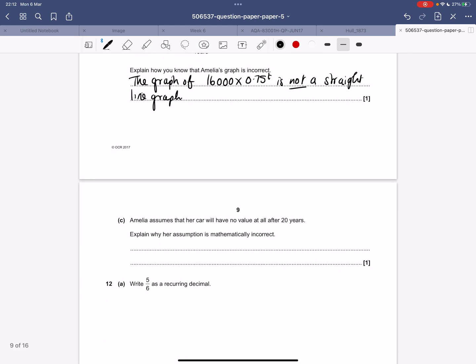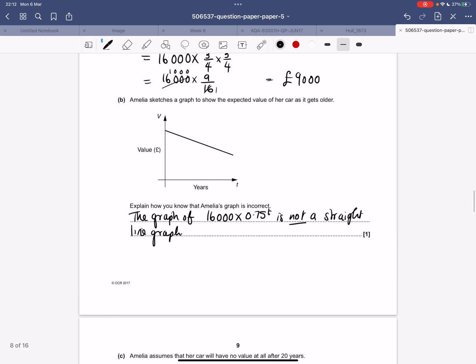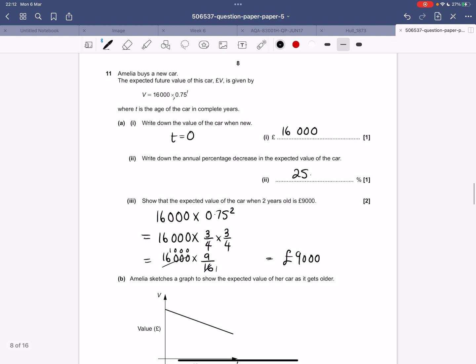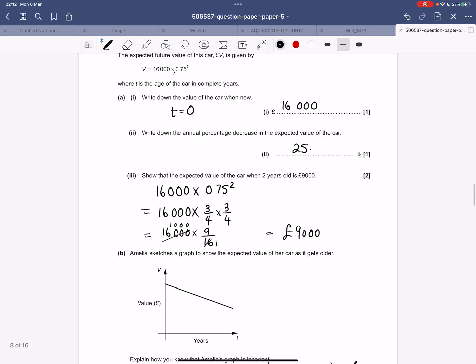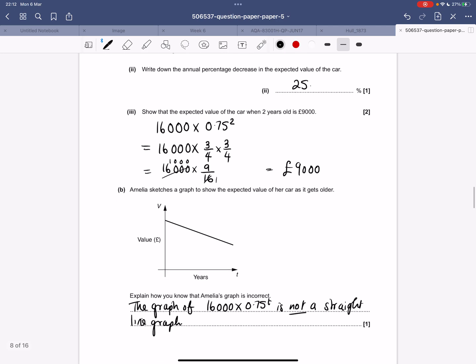Part C. Amelia assumes that her car will have no value at all after 20 years. Explain why her assumption is mathematically incorrect. Thinking of the best way to word this.